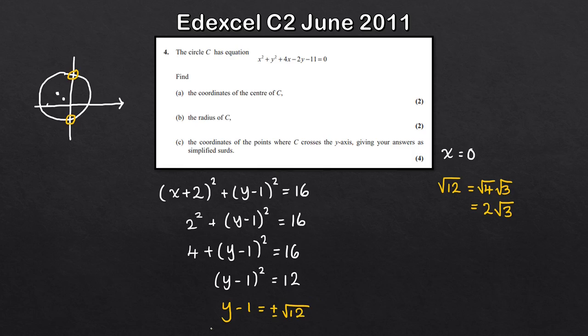Okay, and if I add 1 to both sides, then what we get here is y equals 1 plus or minus 2 root 3 there. Okay, so clearly the solution further up the y-axis here would be y equals 1 plus 2 root 3, and this one here will be y equals 1 minus 2 root 3. You don't need to actually show this in the exam. I'm just showing it here just to further consolidate the knowledge and the understanding, but you definitely don't need to show that. Okay, so that gives us the solution there for our first question.